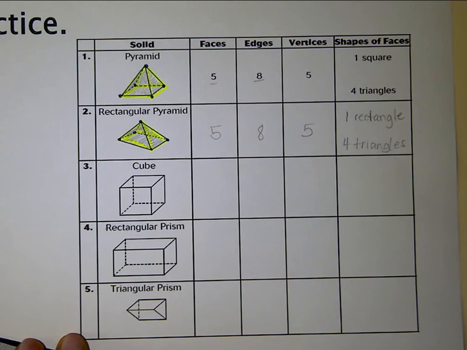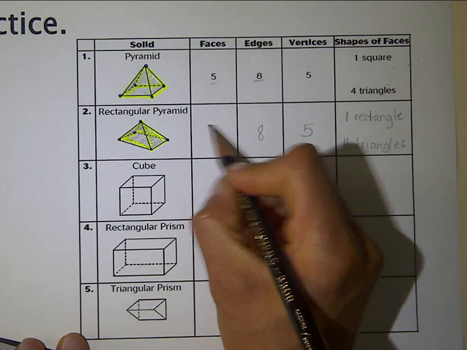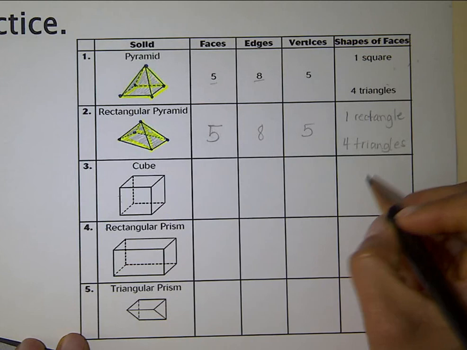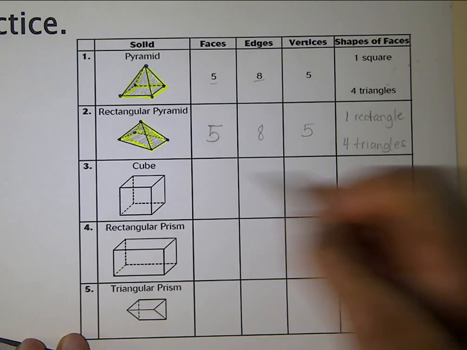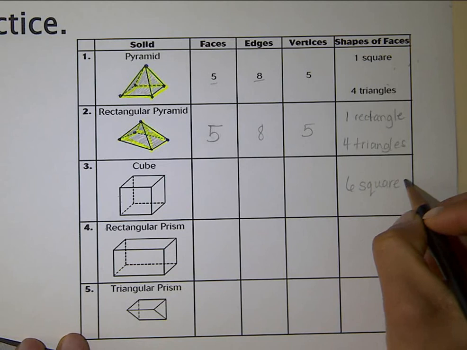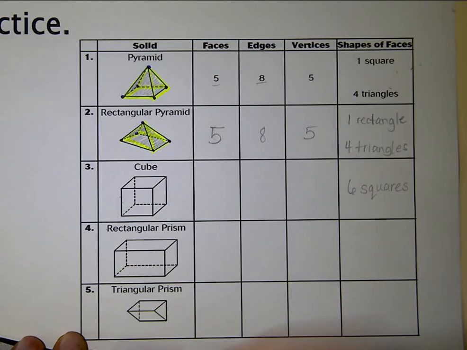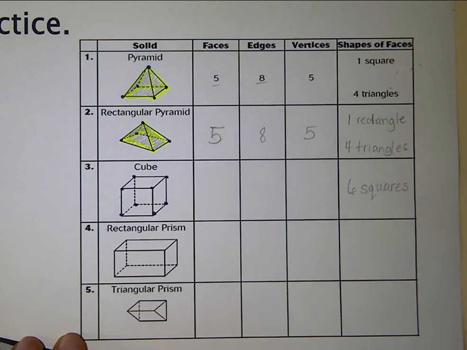Okay, let's go ahead and do our cube. And I know the cube is made up of 6 square faces. Okay, let's start with the vertices. 1, 2, 3, 4, 5, 6, 7, 8. 8 vertices. And I put the dots there. It helps me to make sure that I don't skip any.